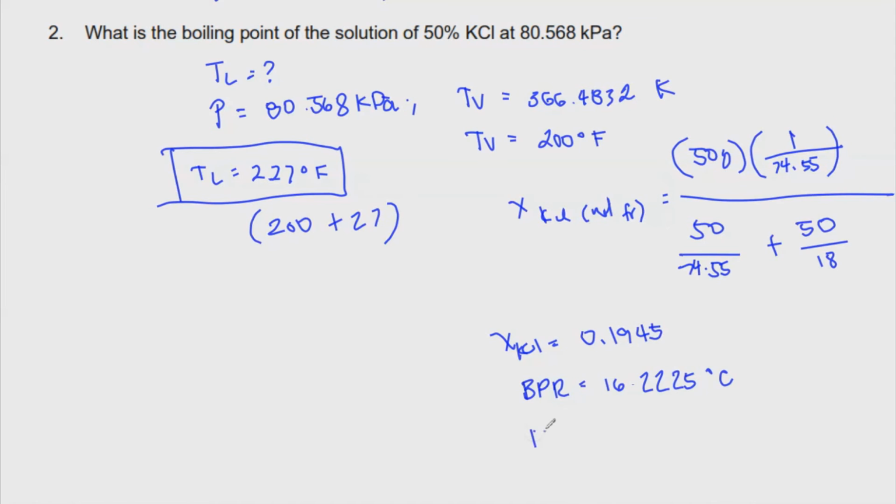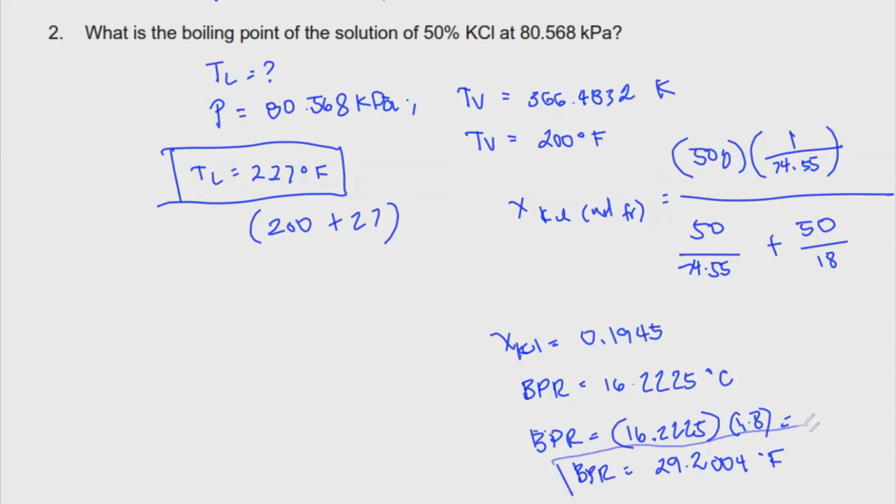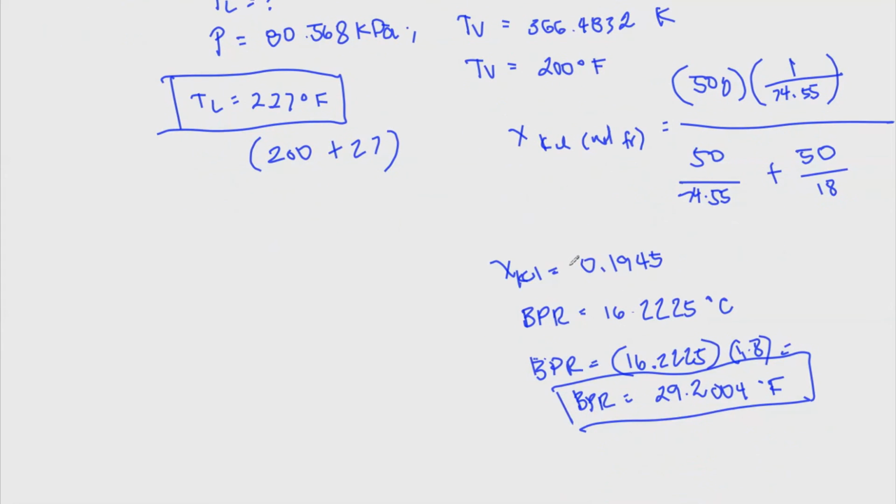And in terms of Fahrenheit, you multiply 16.2225 with 1.8, because this is the change in temperature. With that, you'll get an answer of about 29.004 degrees Fahrenheit. Okay, so that is a fairly close one to our solution in the figure, which is 27.